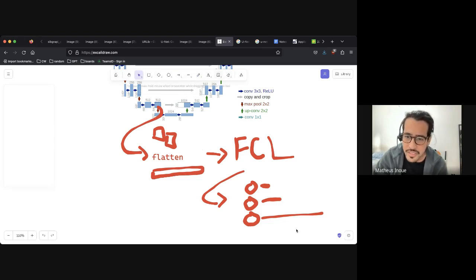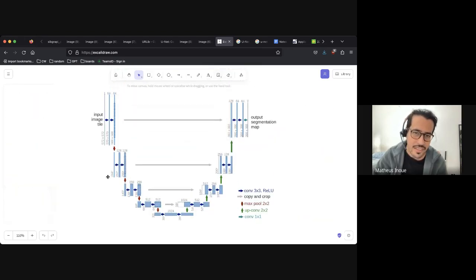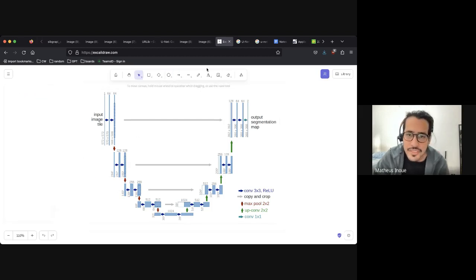Okay, so let me just delete everything here. But basically, like the problem said, we want an image at the end, right? So basically we use this contracting path here. It's not this, I want the thing here.